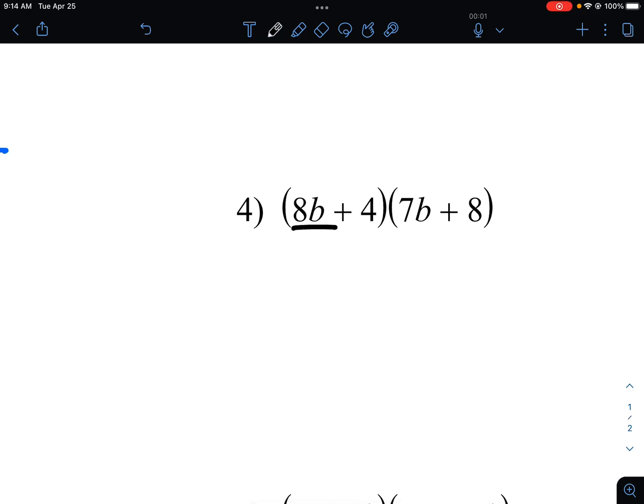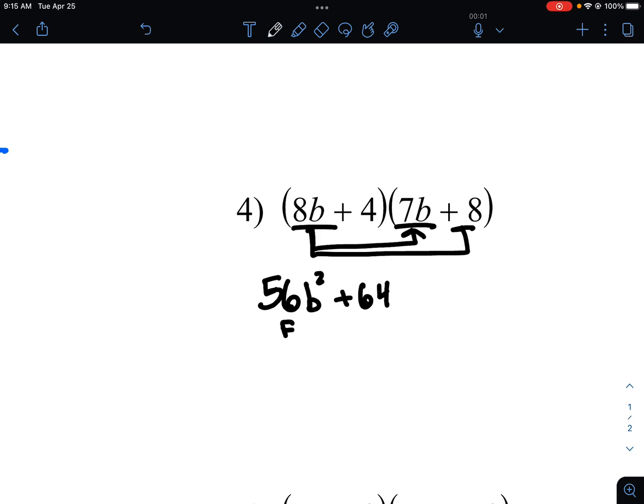But let's work on the process. Firsts. So basically, if you want to draw the arrows, that's helpful as well. 8 times 7 is 56. I had a moment there myself. B squared. B times B is B squared. So that's your firsts. Outers. 8b times 8 is 64b.